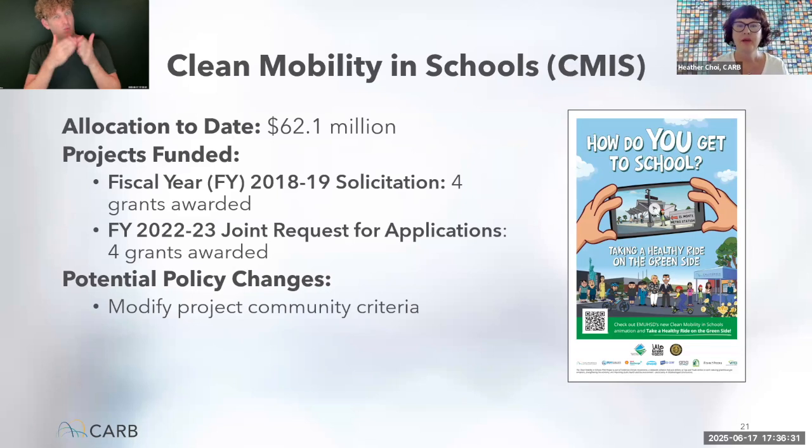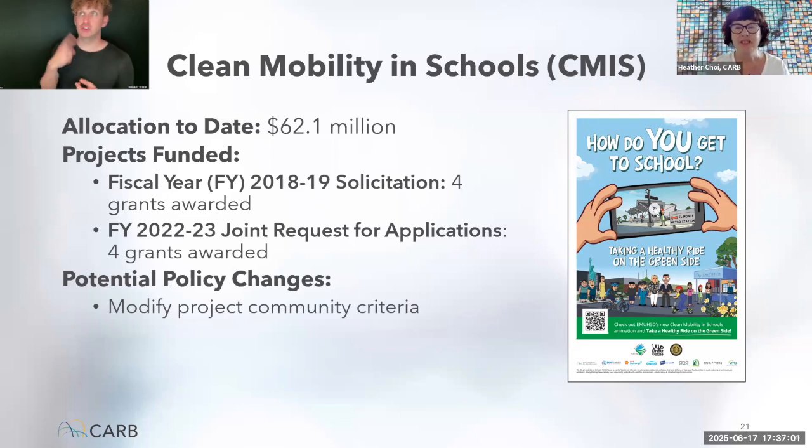Thank you. So Clean Mobility in Schools funds a variety of clean transportation and supporting projects in and around school communities. Grants provide funding for zero-emission fleets, equipment, energy projects, active and alternative modes of transportation, planning, education, curriculum, workforce training, and more, believe it or not.